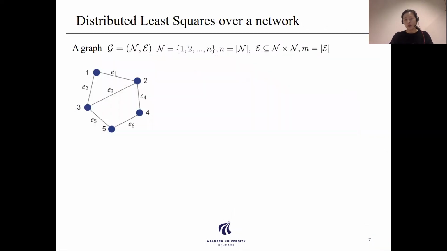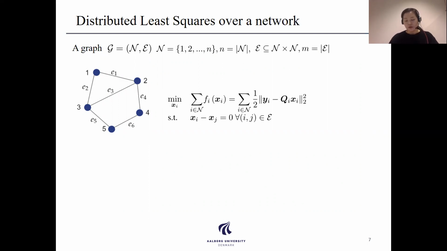Now let's go to the problem setup. We first model a network as a graph with a number of nodes and a number of edges, and here is an example with 5 nodes and 6 edges. Over the network, we would like to collaborate on minimizing the sum of all the local objective functions.